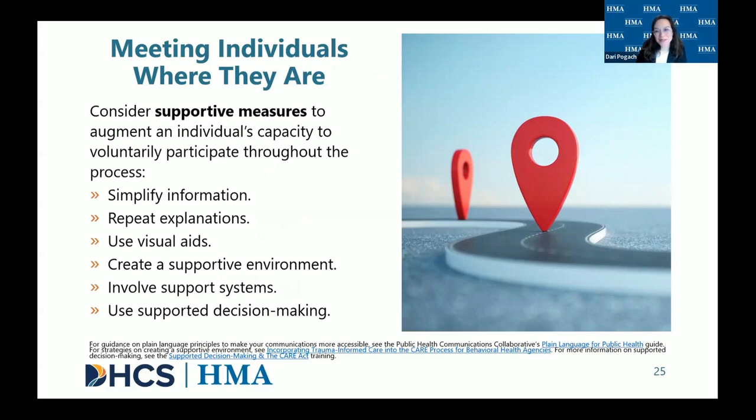But going back to meeting individuals where they are, this is my passion with my background as an advocate.